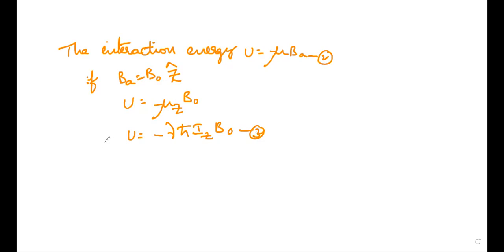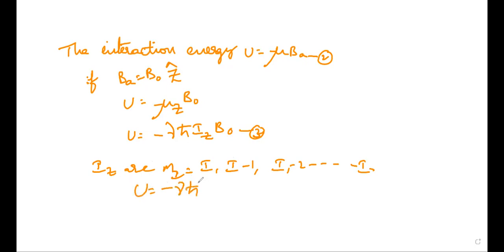So the allowed values of Iz, that is Mi, are I, I minus 1, I minus 2, etc., down to minus I. Then U is equal to minus nu h cross Mi B naught.